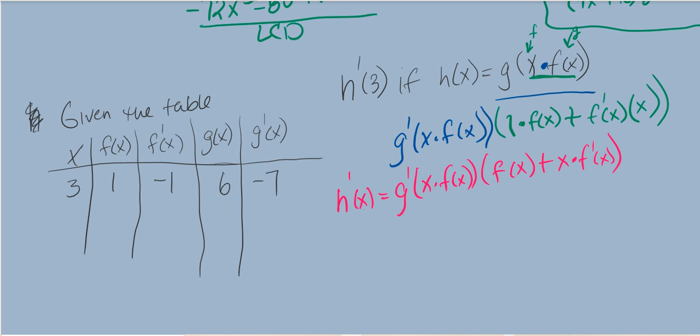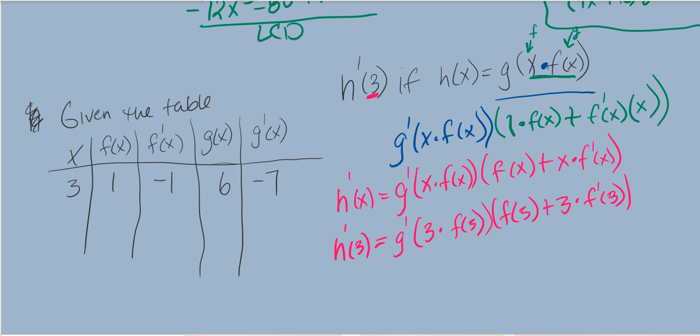Now, what we have been called to do is to evaluate it at 3, right? So I'm saying h prime of 3 equals g prime of 3 times f of 3, times f of 3, plus 3 times f prime of 3.